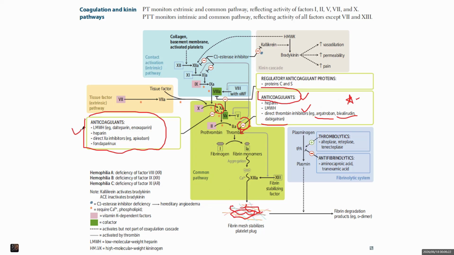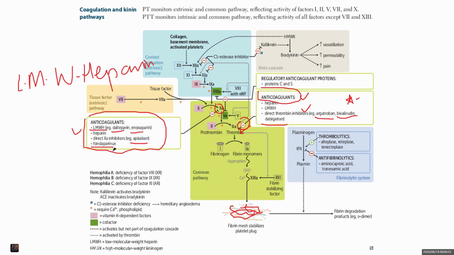All of these include LMWH, the low molecular weight heparins, the dalteparin and the enoxaparin that you're looking at over here. These are the low molecular weight ones. We also have some of the other inhibitors, that is apixaban, and another one over here, which is fondaparinux.